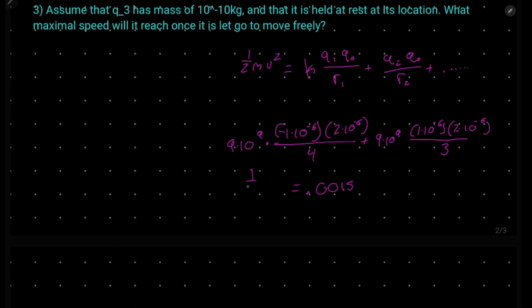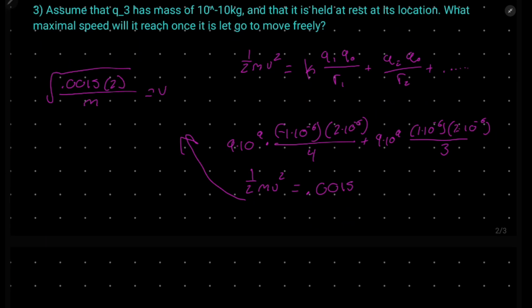So now we'll add our energy formula over here so that we can find velocity. Before we do anything, let's maneuver our equation around so that it's in terms of velocity. So what we'll have is 0.0015 times 2 divided by m, all square rooted, and that'll be our answer for v.